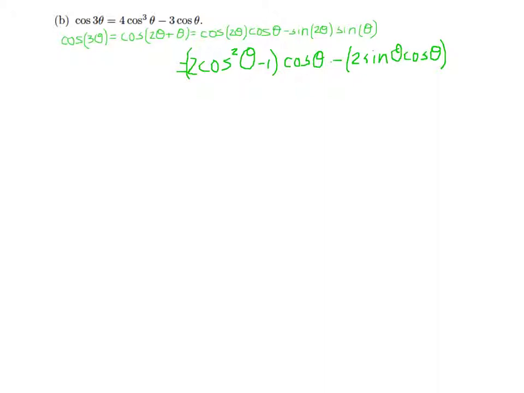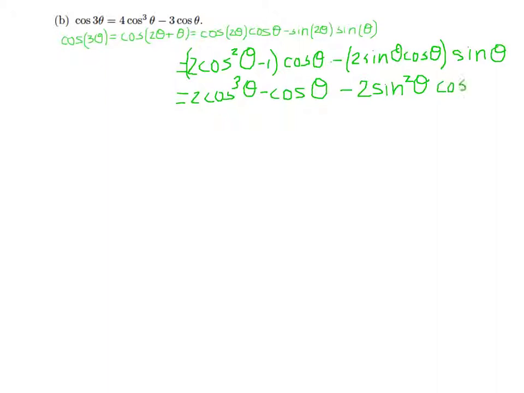And then we still have our sine theta. Let's distribute the cosine through and sine through. So we have 2 cosine cubed theta minus cosine theta minus 2 sine squared theta cosine theta.